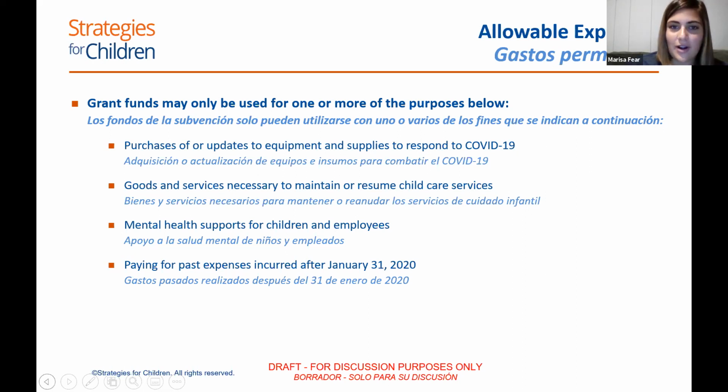And we know that there's a lot of questions about what that means for programs, what's necessary. And so we're working to pull together some resources and supplies, activating our networks to get some of those answers for providers. But what's most important to know is that you'll need to maintain documentation for how you're using these funds and what you're spending it on.